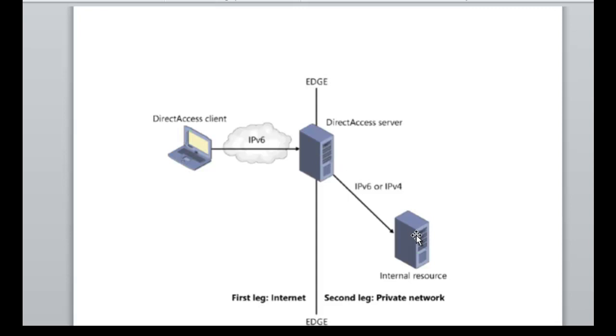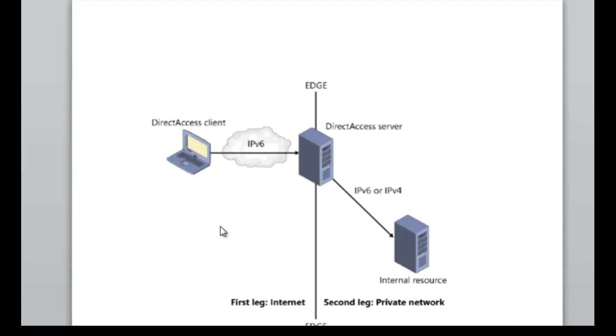For this leg, you can use either IPv6 or IPv4. But if you are connecting from your client computer to the DirectAccess server, you will need to use IPv6 or IPv6 transition technologies. We're going to discuss some of those technologies.